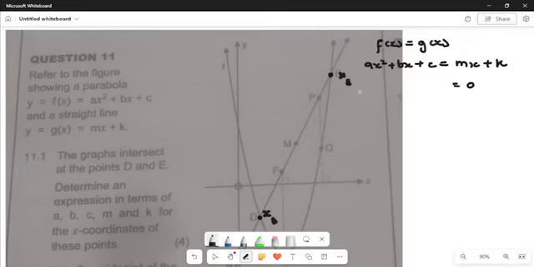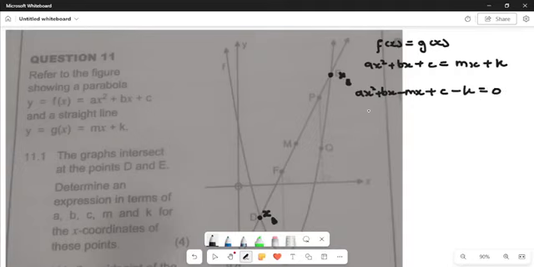So I will have ax squared plus bx. Then I'll write the mx next to the bx because these are like terms. And then plus c minus k, all of that is equal to 0.